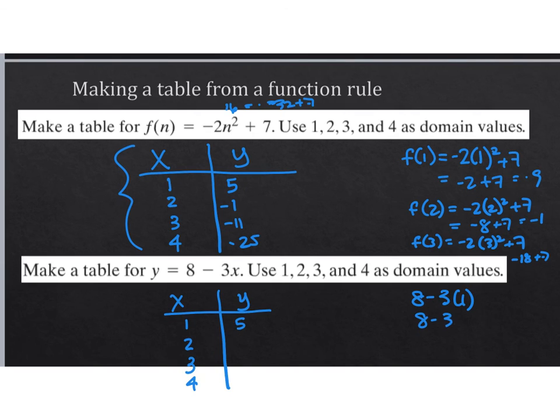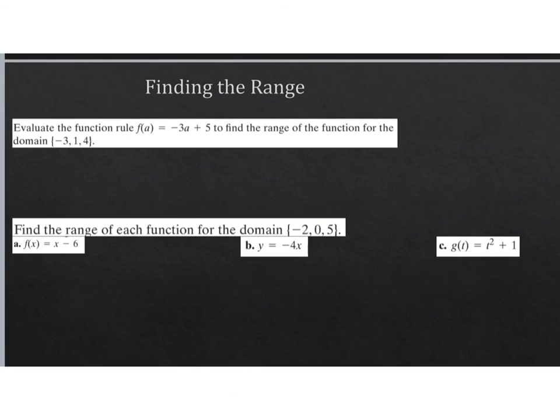If I plug in a 2, I have 8 minus 3 times 2, or 8 minus 6, which is 2. If I plug in a 3, I have 8 minus 3 times 3, or 8 minus 9, so I get a negative 1. And when I plug in a 4, I have 8 minus 3 times 4, or I end up with a negative 4.